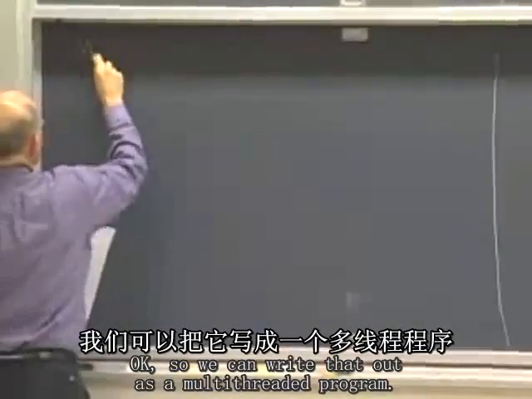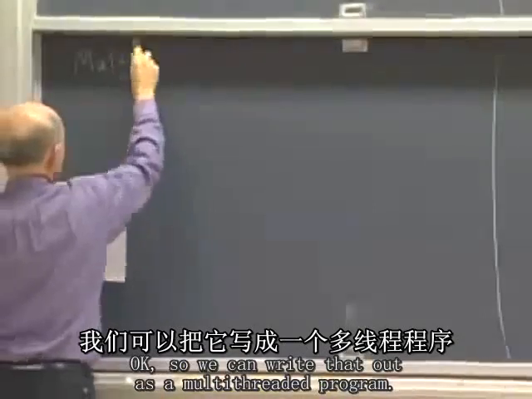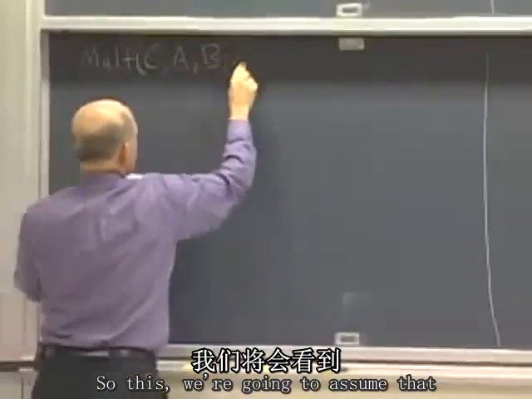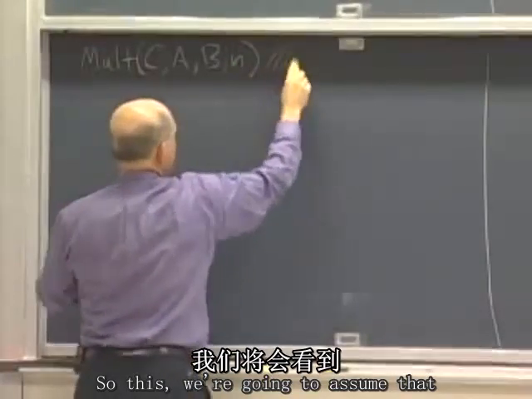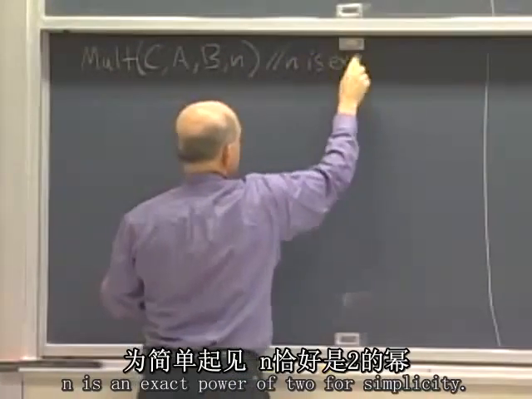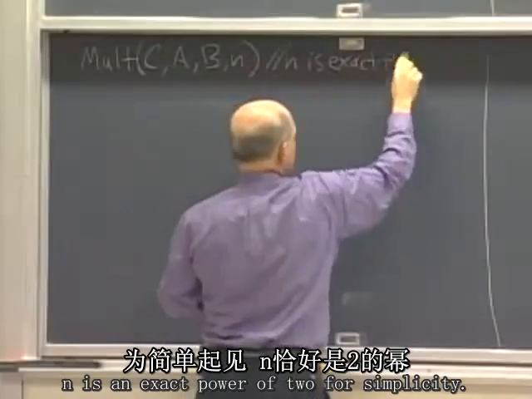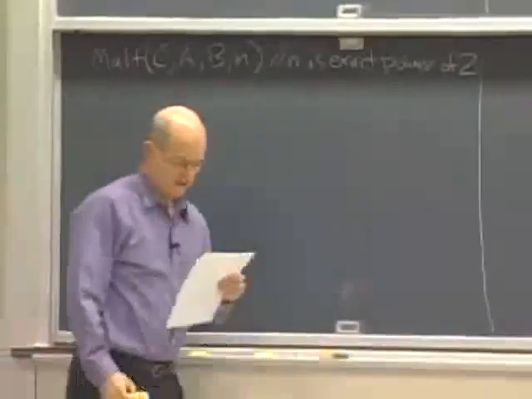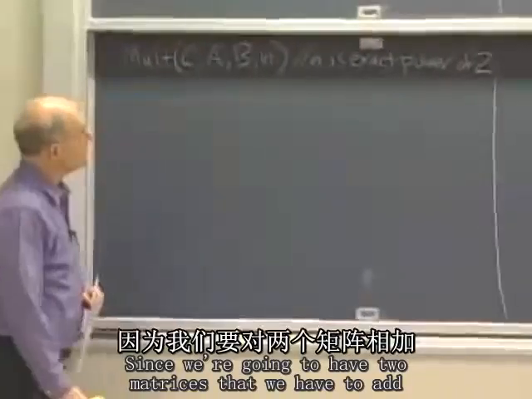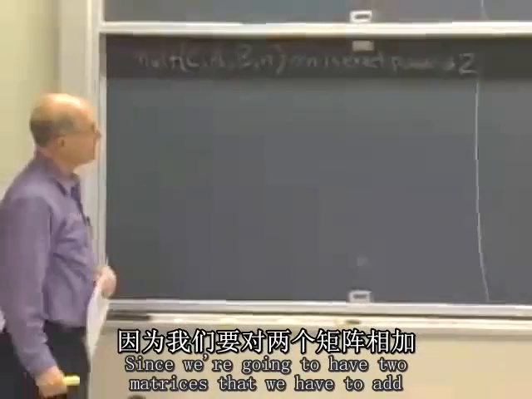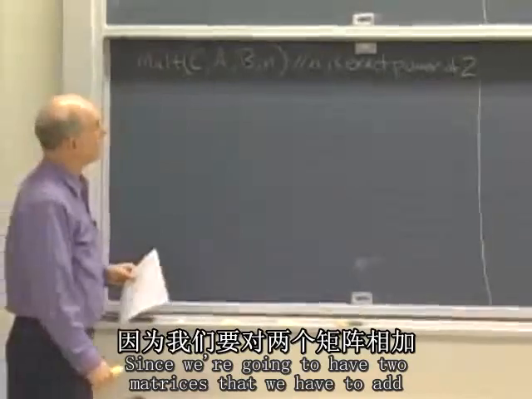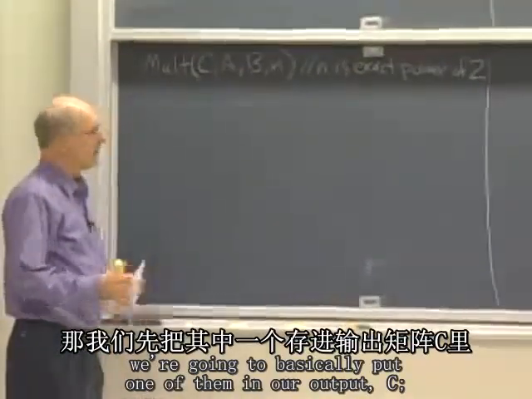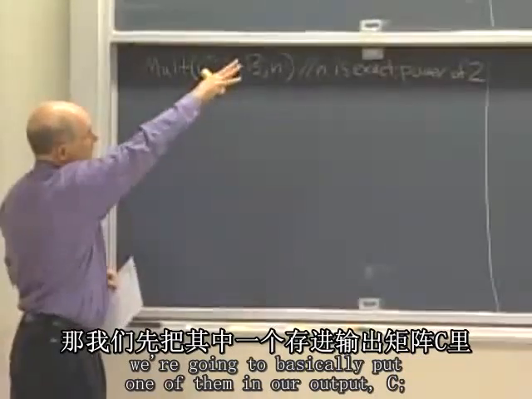Okay, so we can write that out as a multi-threaded program. So we're going to assume that n is an exact power of 2, for simplicity. And since we're going to have 2 matrices that we have to add, we're going to basically put one of them in our output C. That'll be the first one.